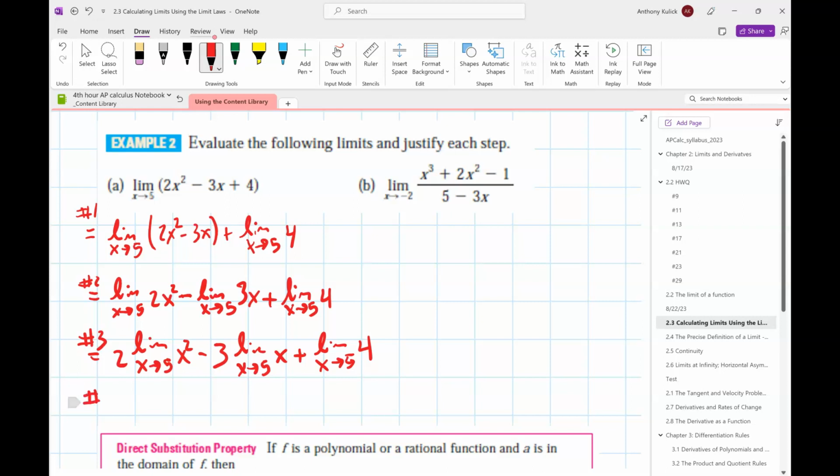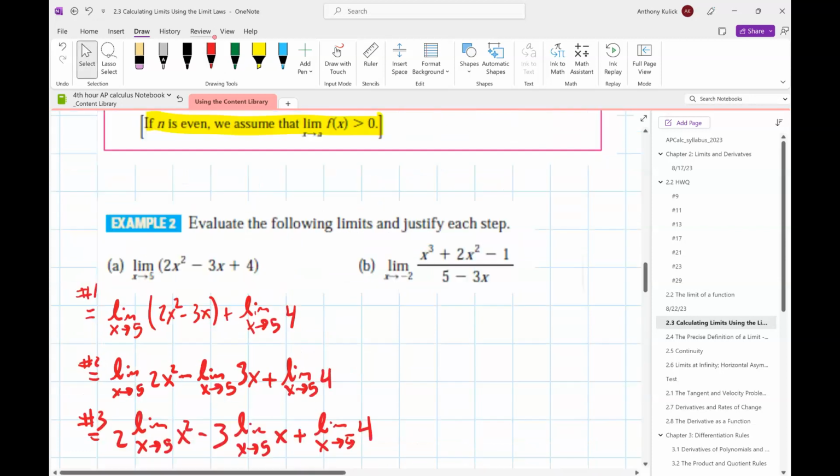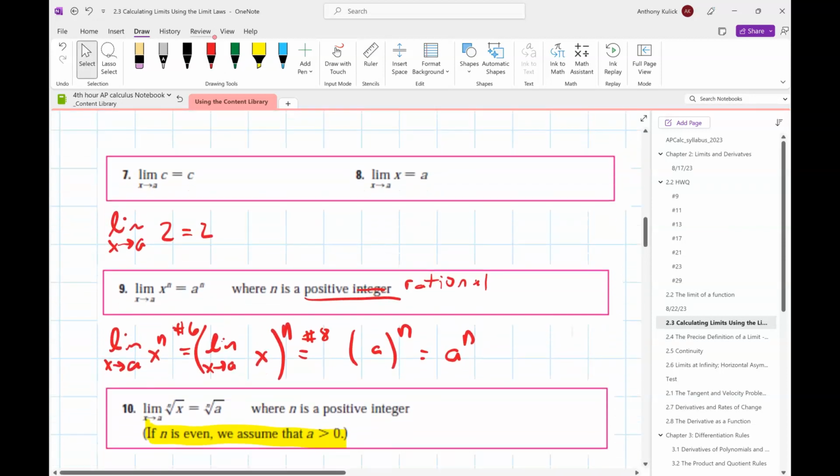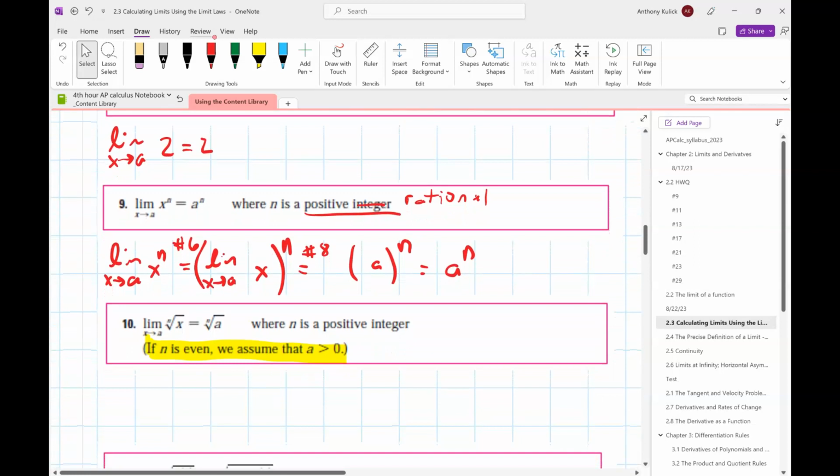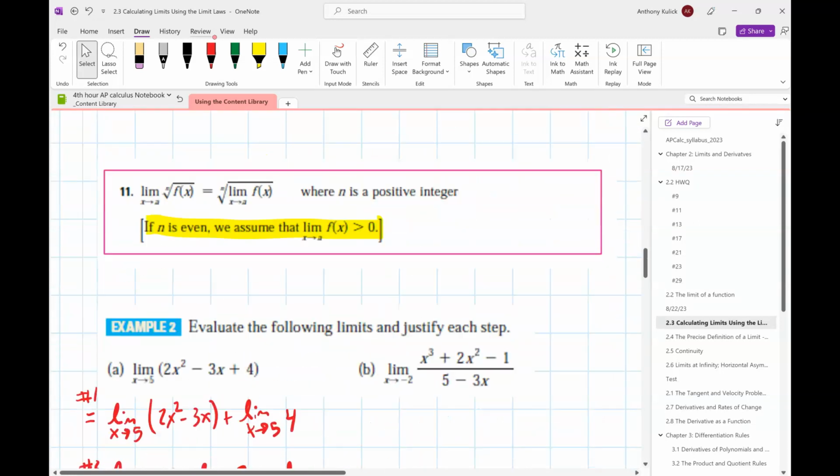And then I'm going to use property, oh shoot, I guess I could call it 6 or I could call it 9. It doesn't really matter. Let's use 9, I guess.